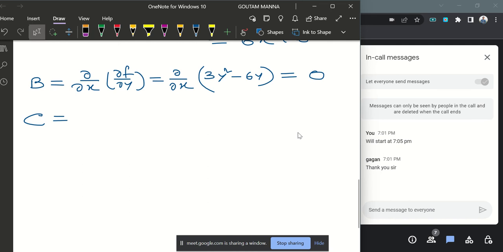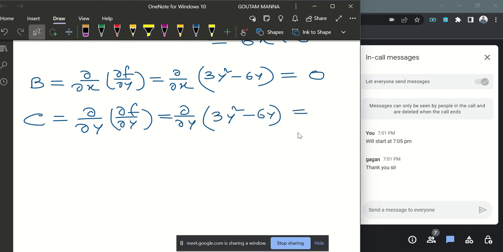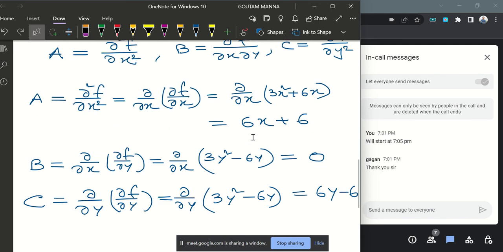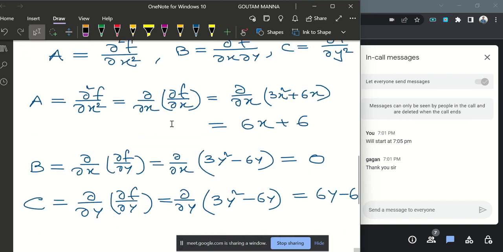The value of C will be del y of del f del y, which is del y of 3y square minus 6y, which is 6y minus 6. So these are the values of A, B and C.